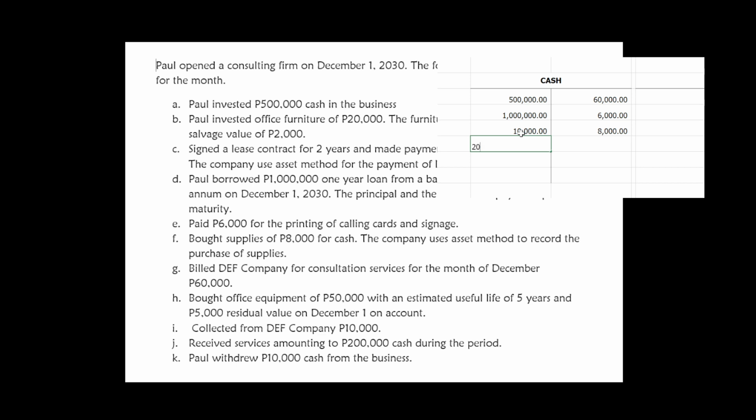So, again, naka-receive ng 200,000 cash. And lastly, nag-withdraw ng 10,000 cash from the business. So, bawas tayo dito ng 10,000. So, eto na lahat yung ating transactions na merong cash related.